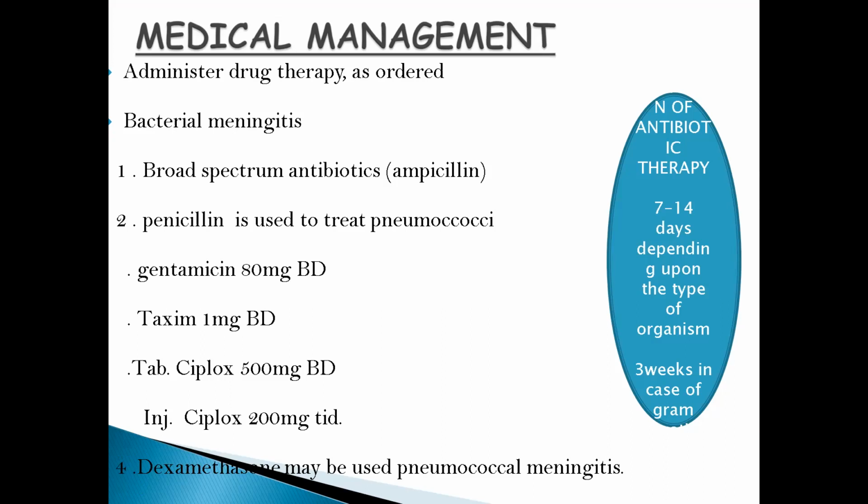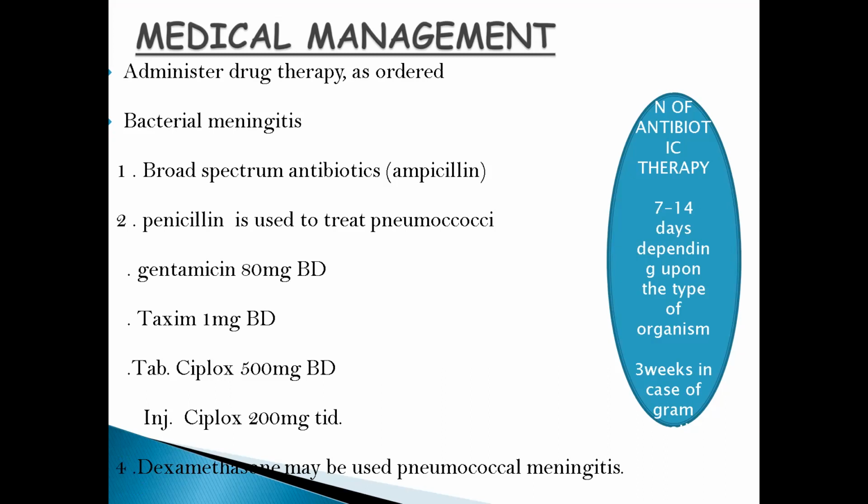We can administer drug therapy for the meningitis. Penicillin is used to treat the pneumococci, and broad spectrum antibiotics like ampicillin, gentamicin, cefotaxime, Ciplox, all these medicines they will give.